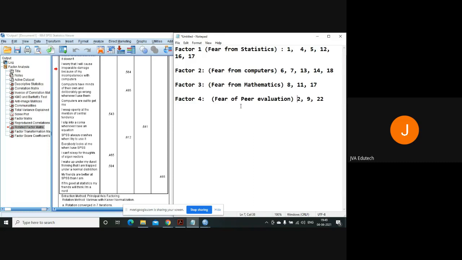So what we do is go for either principal component analysis or exploratory factor analysis, based on our variance partition. If total variance is explained by the common variance, then principal component. And if total variance is explained by unique variance and the common variance, then we go for exploratory factor analysis.